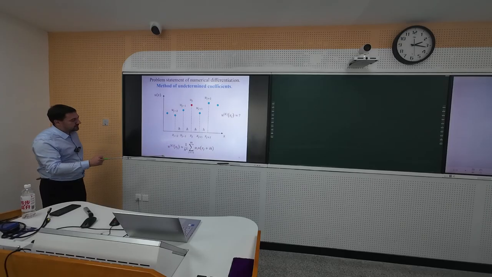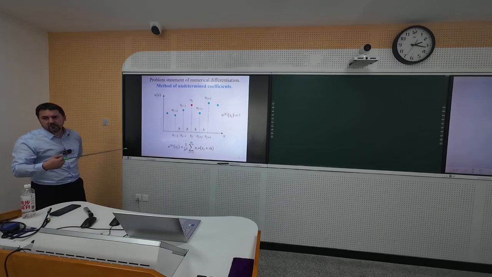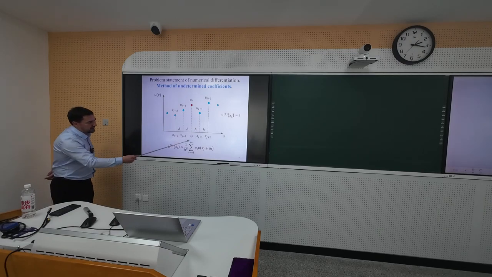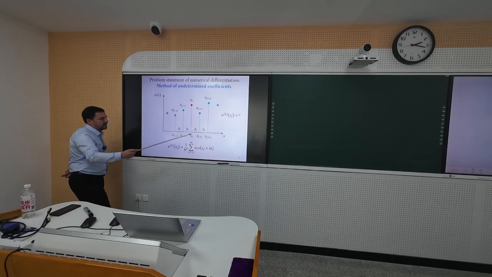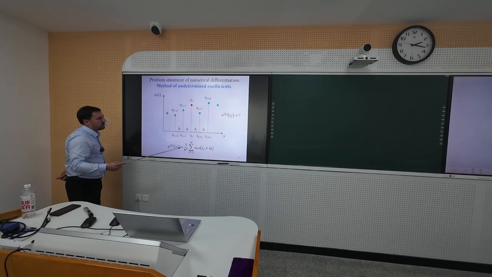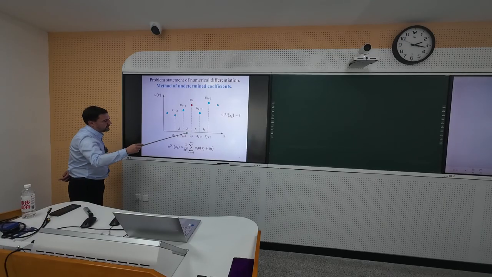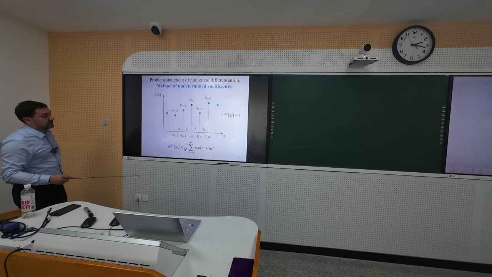The kth derivative at node x_j equals 1 over h^k, just by analogy with the previous slide, times the summation, where L is the number of nodes to the left of our node x_j, and M is the number of points to the right of this node x_j. And alpha_i are unknown coefficients.